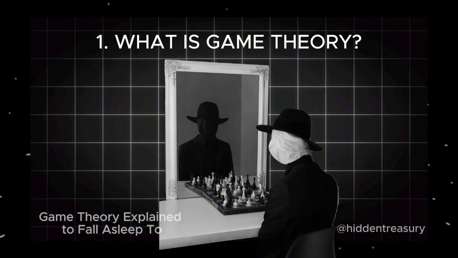To make sense of these situations, game theory breaks things down into a few key pieces. There are players, the decision makers, strategies, the options each player has, and payoffs, the results of each combination of choices. Game theory doesn't say what's morally right or wrong.